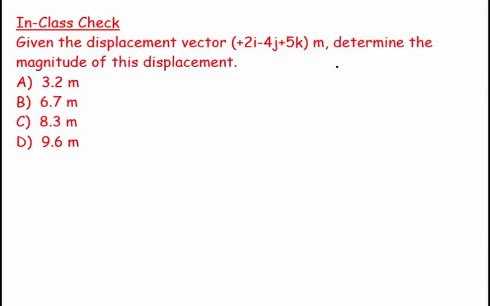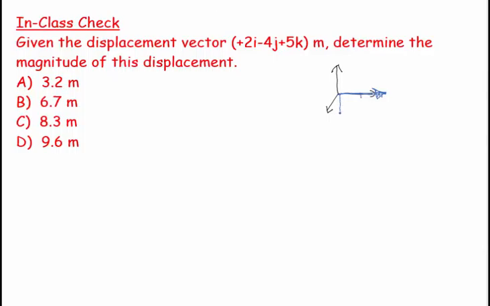So I have my three principal axes, my x, y, and z, which is my i, j, and k. And this is 2 units along the x-axis. So let's do 1, 2. There's my 2i. And then I have minus 4j. Minus is pointing downwards.